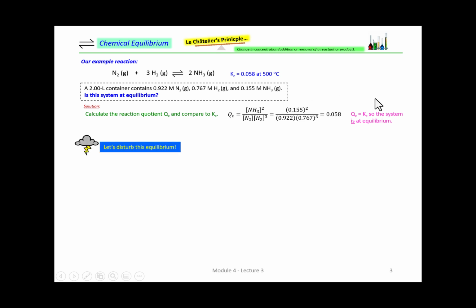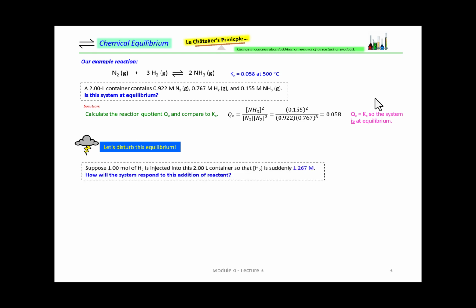So now let's disturb this equilibrium. Let's suppose that we directly inject that container with 1 mole of hydrogen gas. And that would cause, and I don't show you the calculation to prove this here, the concentration of hydrogen to suddenly jump to 1.267 molar.